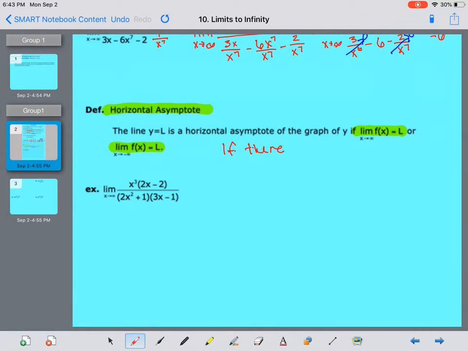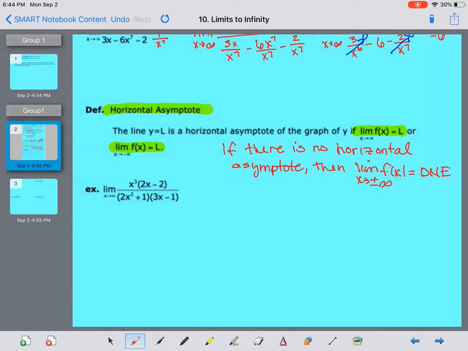What that means too, if there is no horizontal asymptote, like the last row from the top, then that means that our limit as x approaches either positive or negative infinity of the function does not exist.